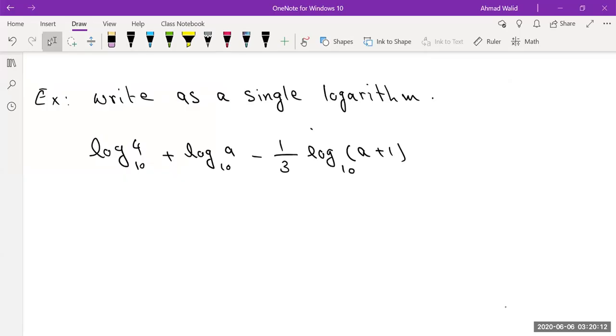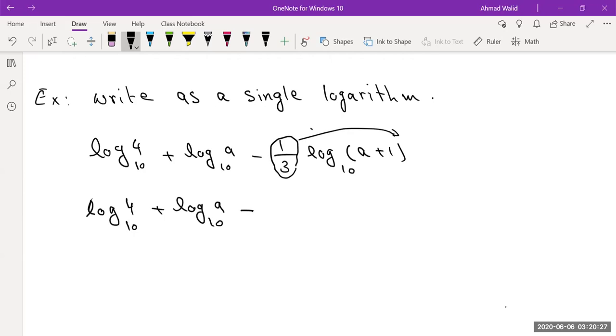It means here I will write log 4 base 10 plus log a base 10 minus, I'll move this 1/3 back as an exponent, log of a plus 1 base 10 to the power of 1/3.